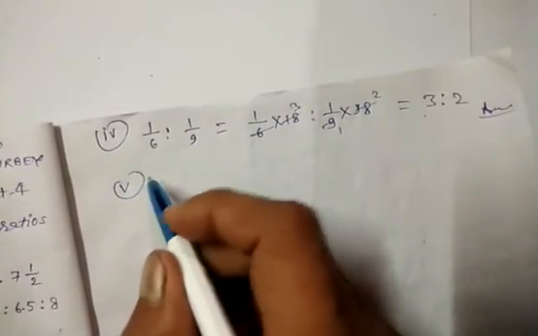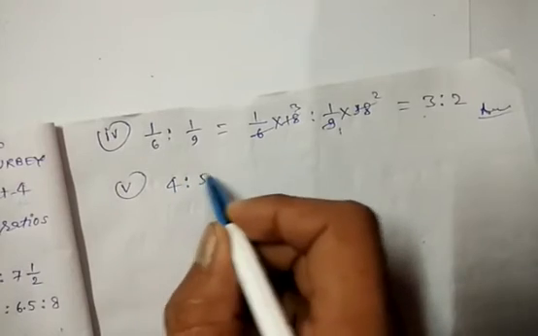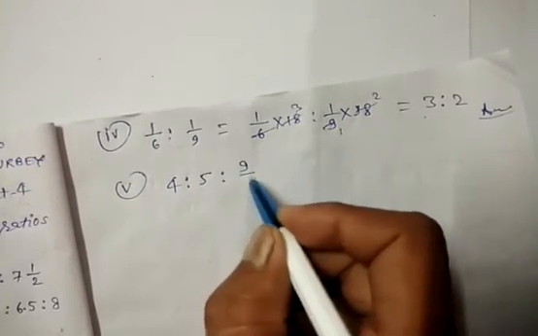Now fifth question, 4 ratio 5 ratio 9 by 2.